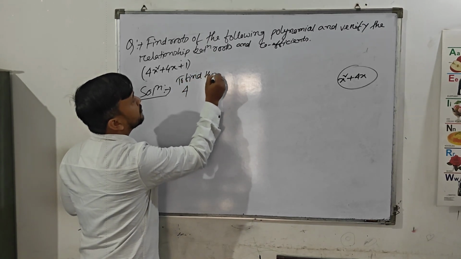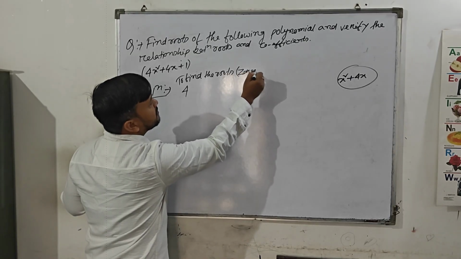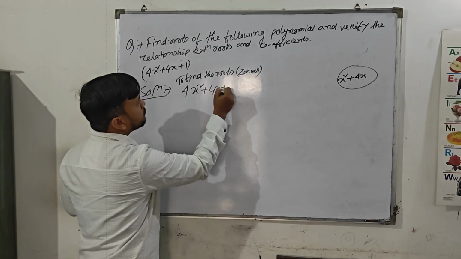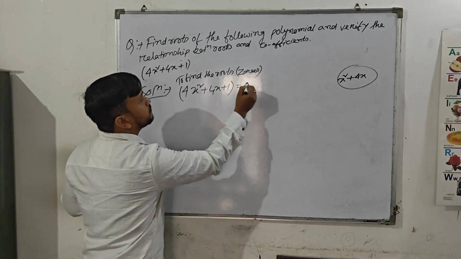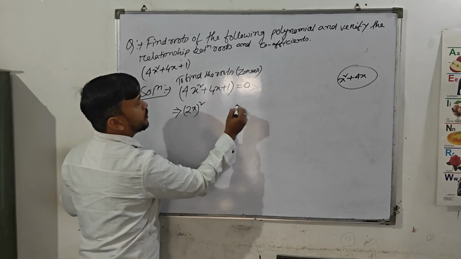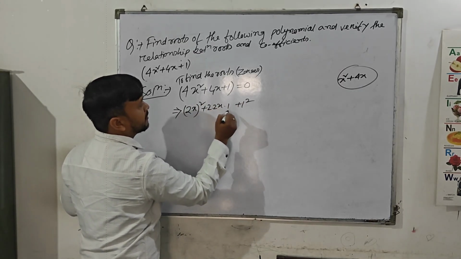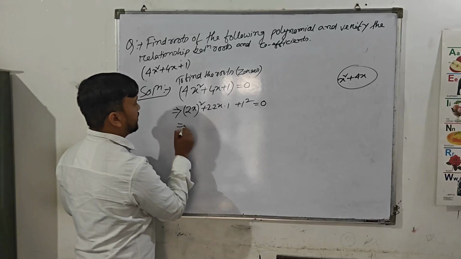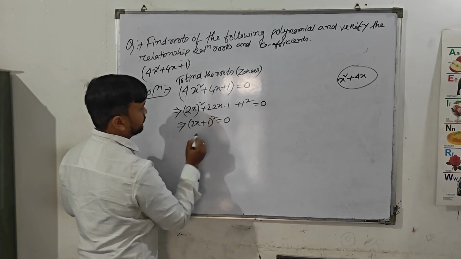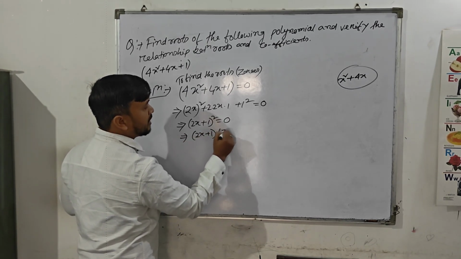Find the roots, also known as zeros. a square. This can be solved using algebraic idea. So it becomes easier. Square means 2 times.